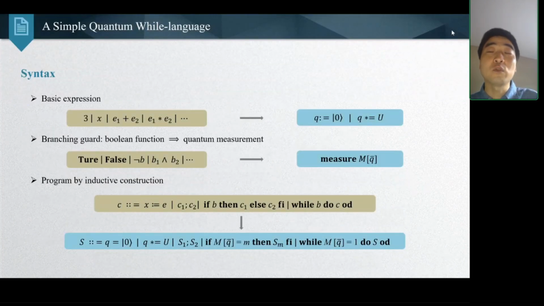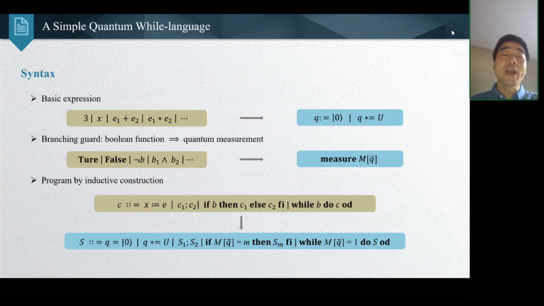We can also consider the syntax of quantum programs, or quantum while programs. So we have initialization: we initialize the quantum register Q to 0, apply U on this quantum register, and perform measurement. A slightly different part is the if. In classical, for any given state you only have that it satisfies B or not, right? It's Boolean, as well as while.